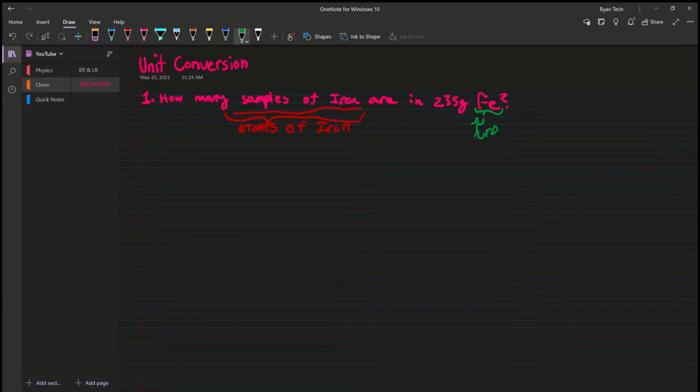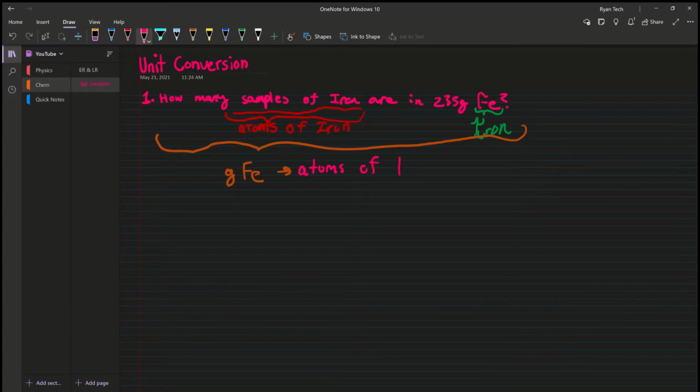And what they're asking us to do overall is convert the grams of iron, or the grams of Fe, to the atoms of Fe, or rather iron.